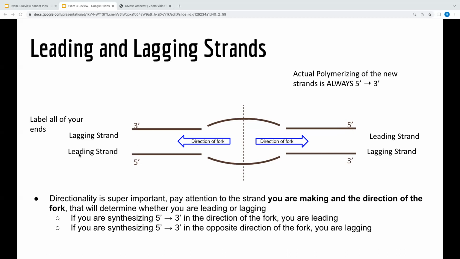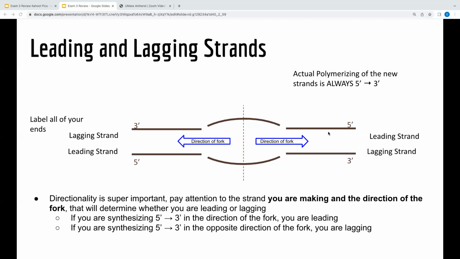So in this case, it's leading on this bottom one because it's lagging up here, and lagging down here because it's leading up here. By working through the logic that I was working through before, we're able to figure out what the leading and lagging strands are based just on being told what is the 3' end and what is the 5' end on the parental DNA strands.